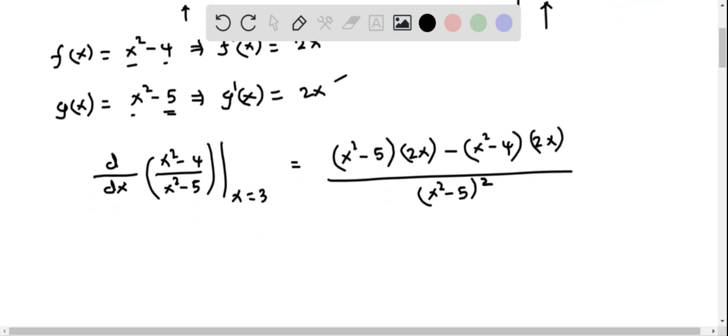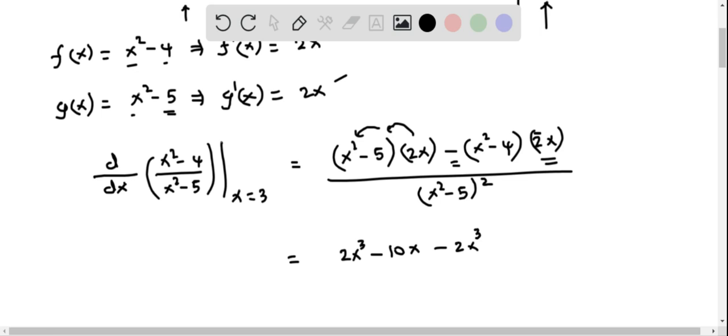Now we will simplify this before we plug in x equal to 3. So I'm going to distribute this 2x into the two terms inside the brackets. 2x times x squared is 2x cubed, and then minus 5 times 2x is negative 10x, and we have a negative here, so we can consider this 2x as negative 2x. So when you multiply negative 2x with x squared, we will get negative 2x cubed, and then we consider this negative 2x.